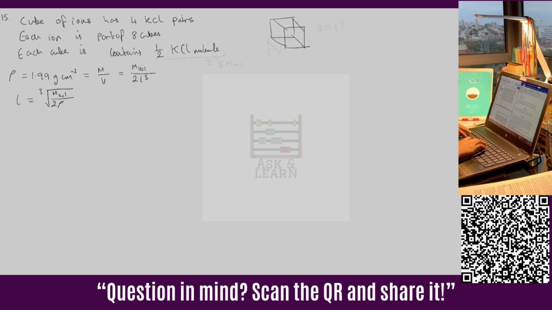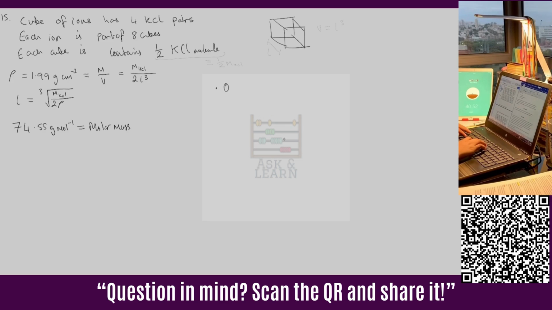Now the mass of the molecule, in order to work this out, we're given the molar mass, which is 74.55 grams per mole. And we make note of the fact that in 1 mole of substance, let's write down as the molar mass.